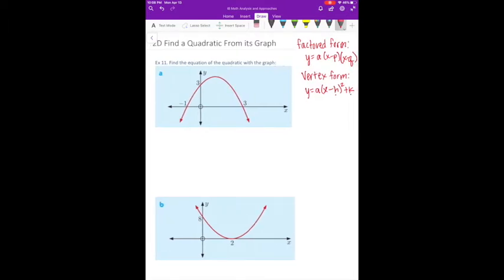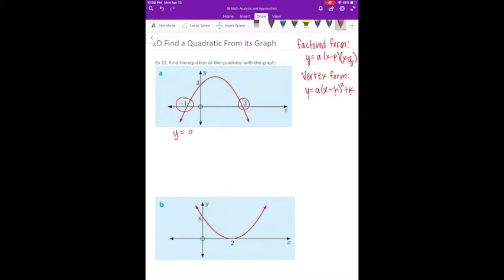All right, so in example 11, we've got the quadratic with a graph. In part A, we've got two x-intercepts, 3 and negative 1. We're given two x-intercepts, which means those are the zeros, so we're going to use factored form.